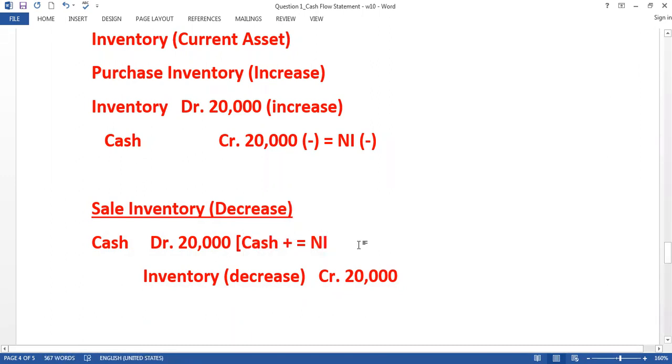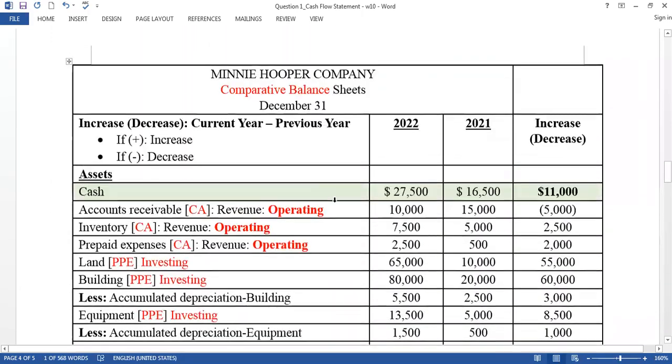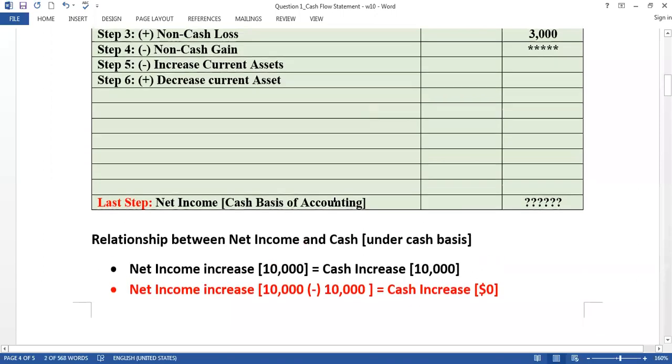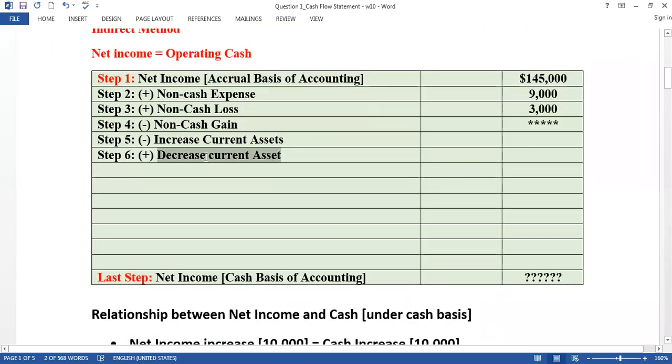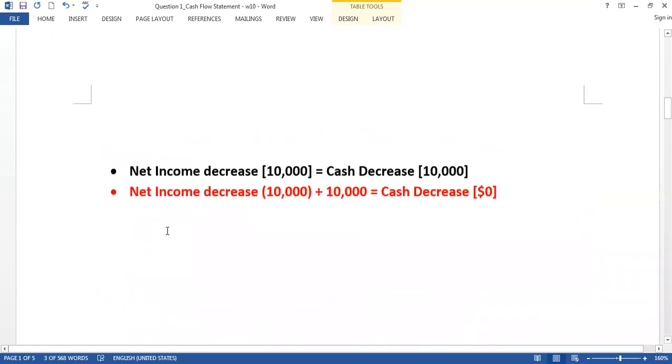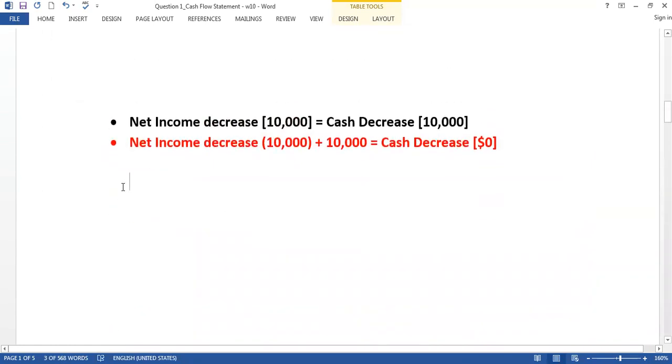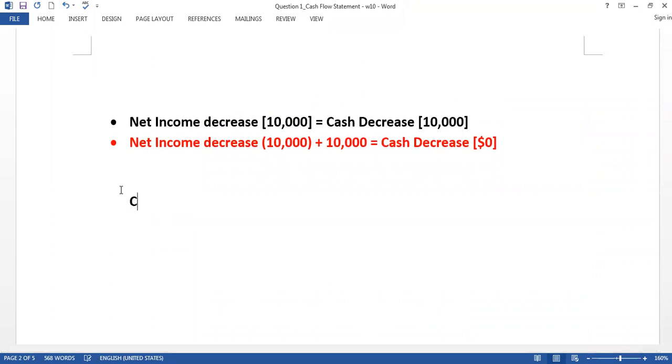So current asset decrease means cash is with you, and as cash is with you, net income should be plus. Current asset decrease means I receive cash, right? Now look at another example: current liability.